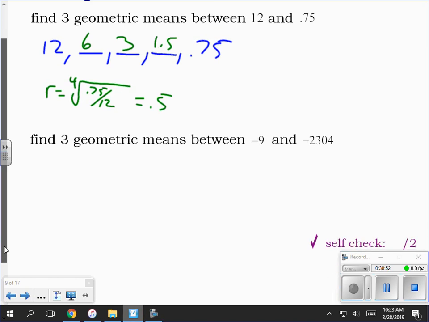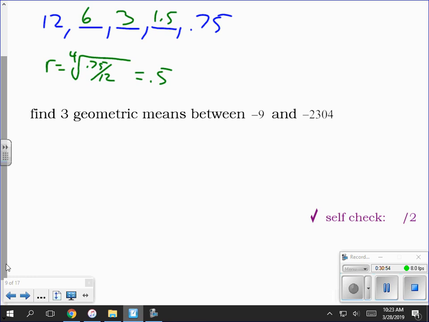Now, this next one's a little goofy, and we need to talk about the answer. So we're going from -9, 1, 2, 3, -2304. And then we want to fill in the blanks.